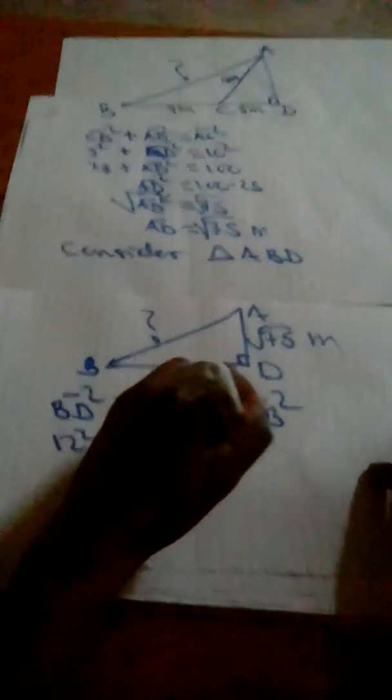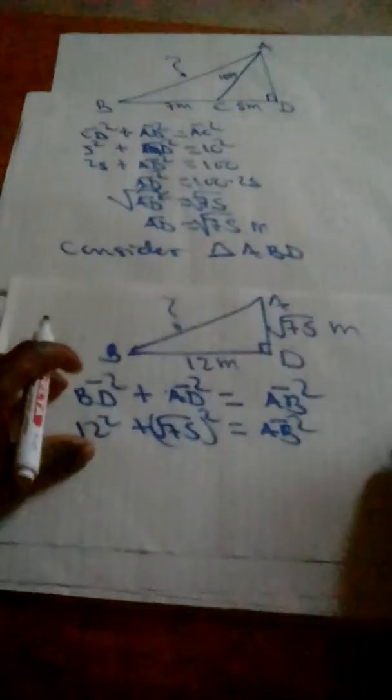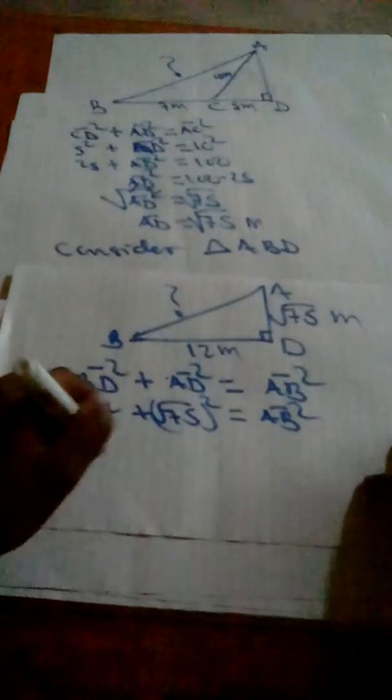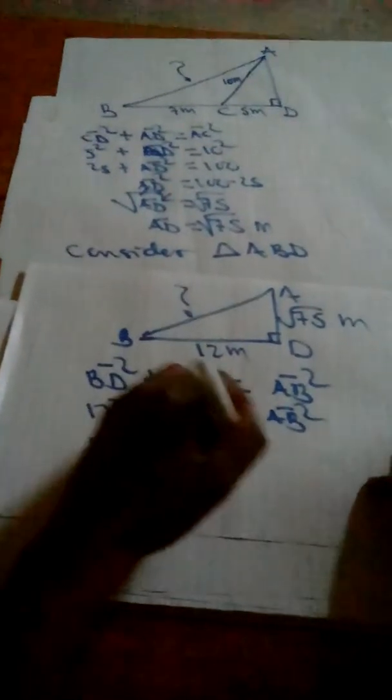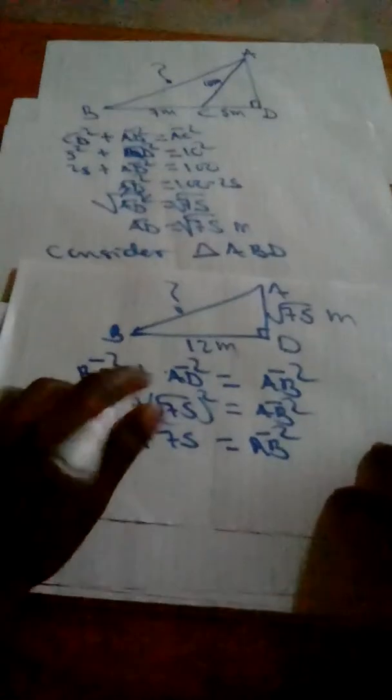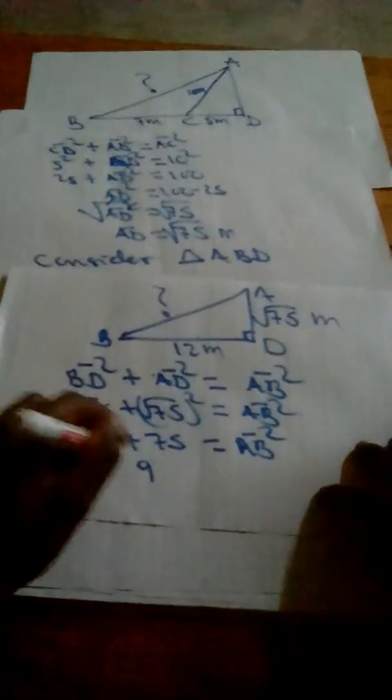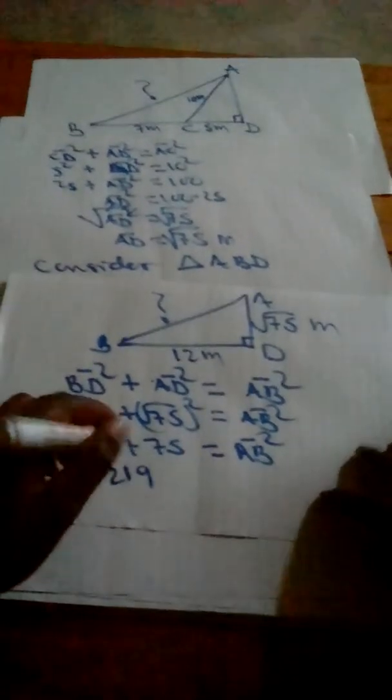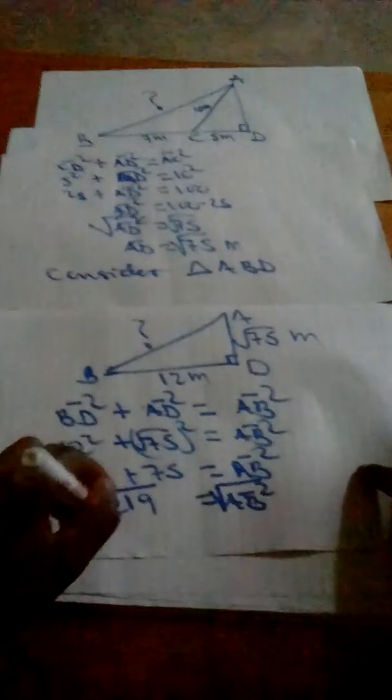This equals AB square. So this is 144 plus 75 equals AB square. If you add these two, you get 219 equals AB square. Then you take the square root on both sides.